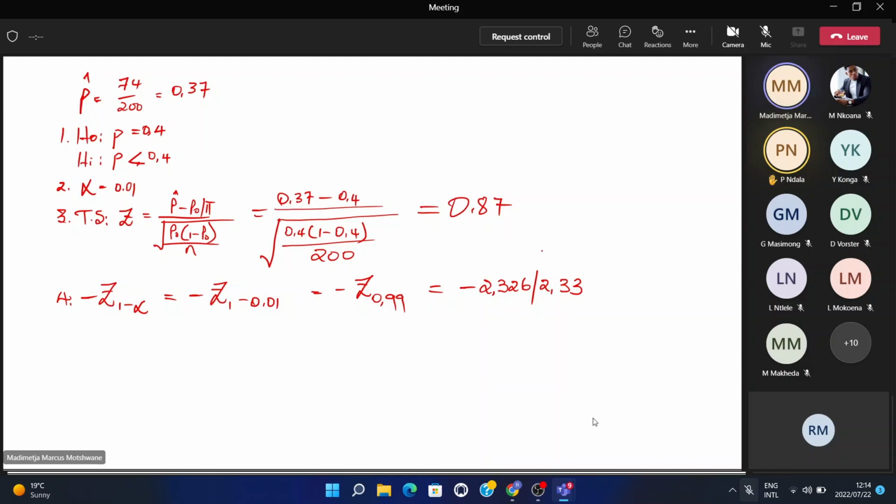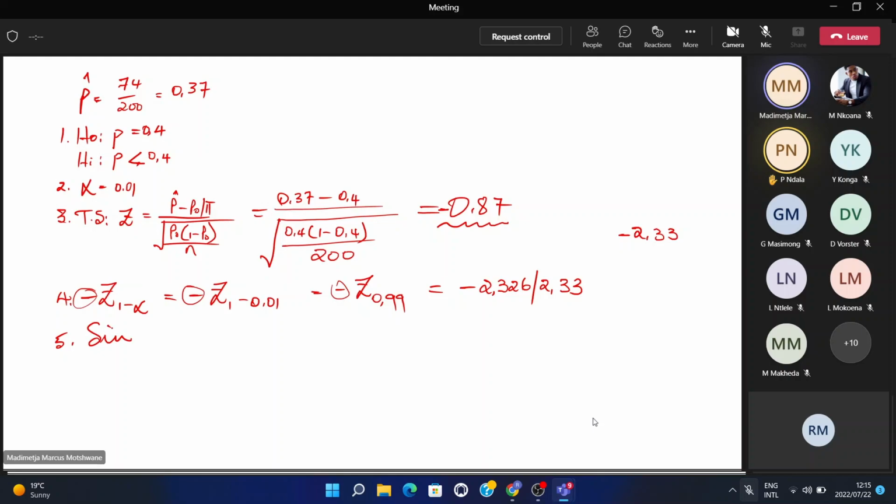When you read your critical values from the table, supposing you had forgotten this negative, you just come to 2.33. But because I had a negative here, where did it vanish now? Because your answer here is negative, and you want to do a comparison at step number 5, this must also be negative so that we compare apples to apples. We've been saying this.